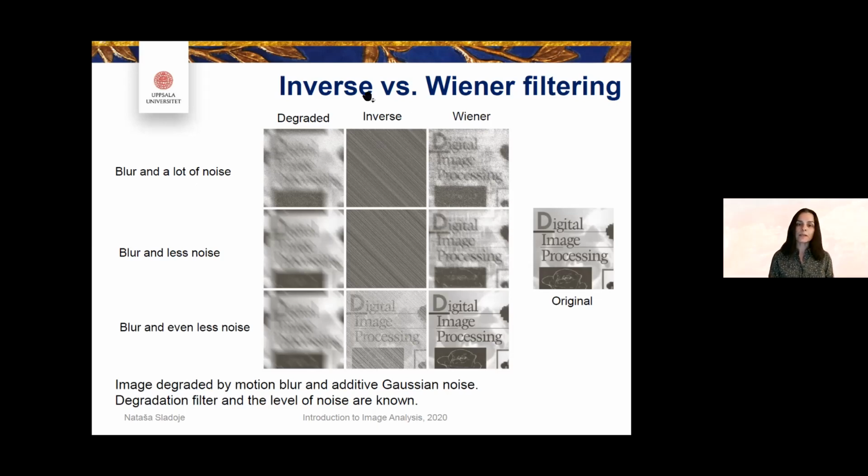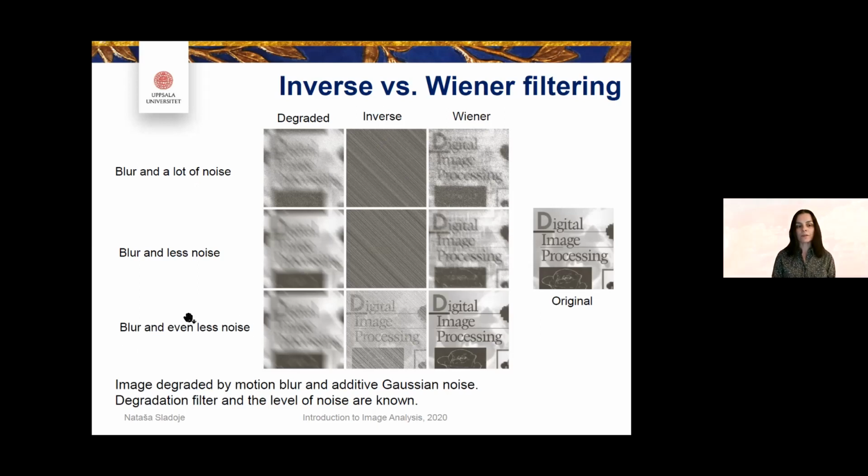If we apply inverse filtering in this straightforward, intuitive way, which just includes division by the function h, the result is not very good, and it also clearly depends on the amount of noise that is present in the image.